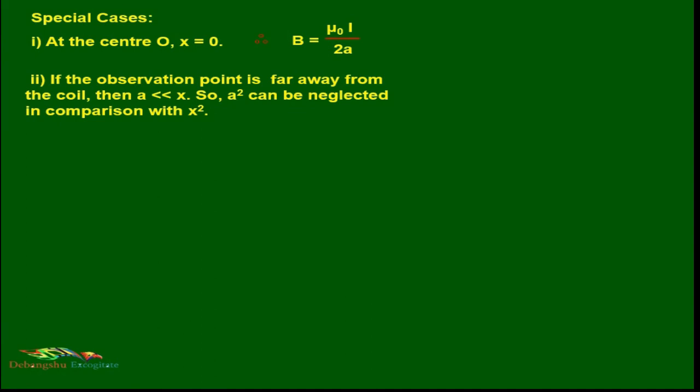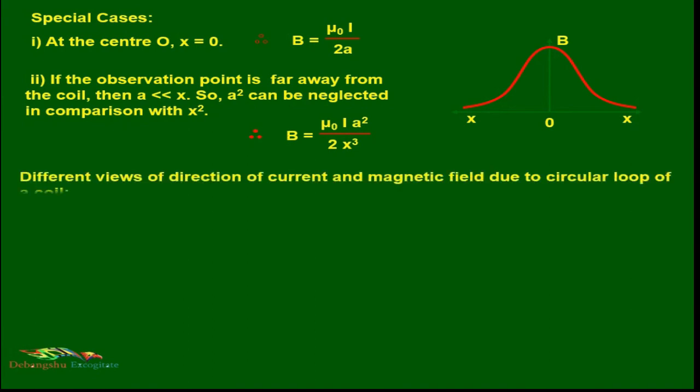If the observation point is very far away, that is a is very much less than x, the radius is very much less than the distance, so a square can be neglected in comparison to x square, and in that case B would be equal to mu naught I a square by twice x cube. So the diagram on the graph will be like this. B will be maximum at the center of the coil, and its value is B equal to mu naught n I by twice a.